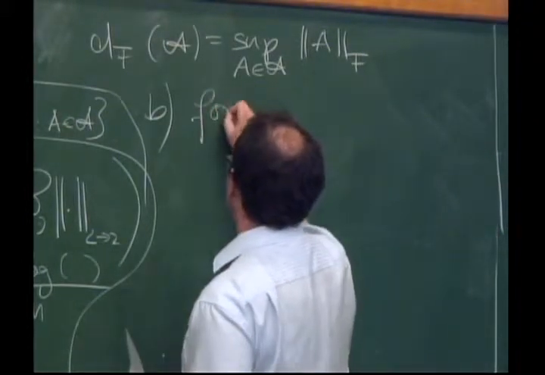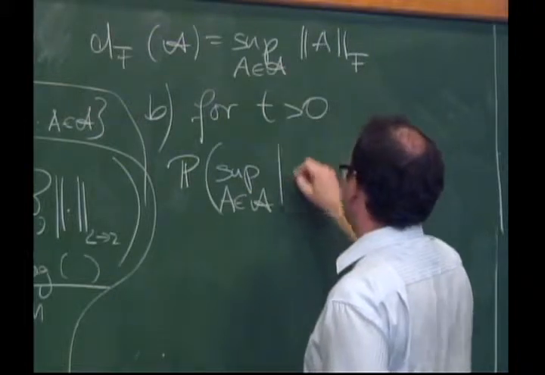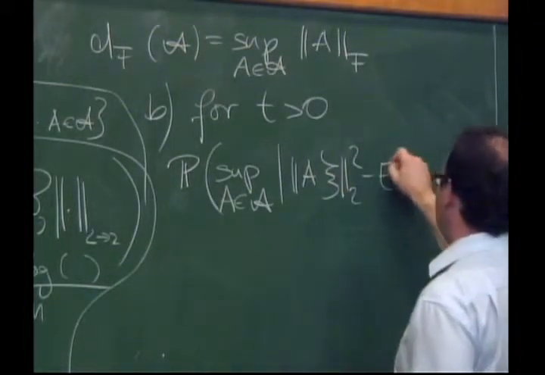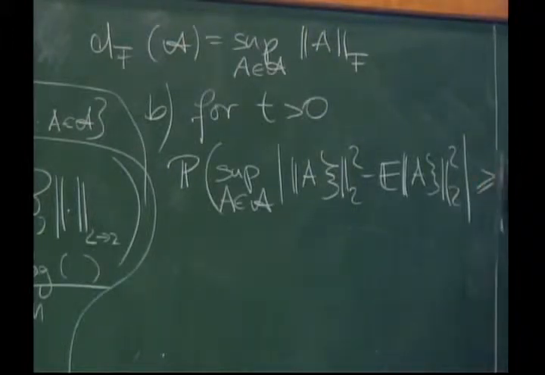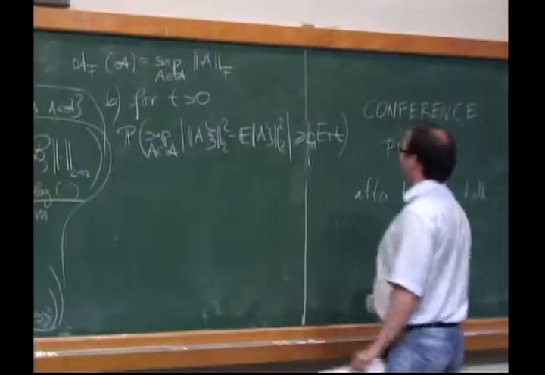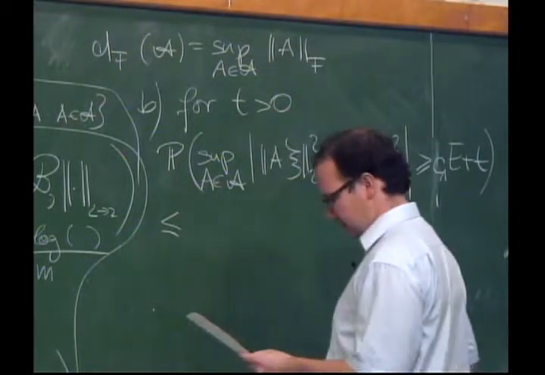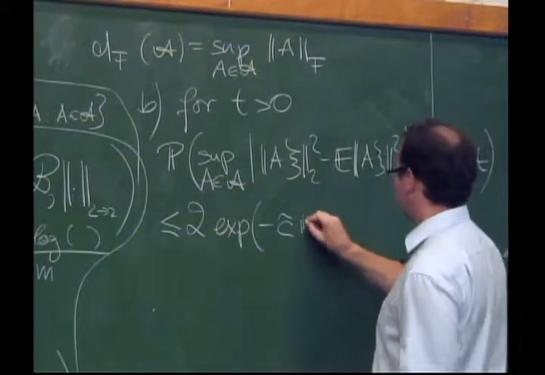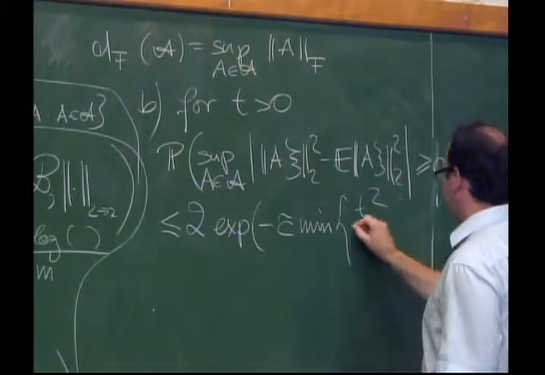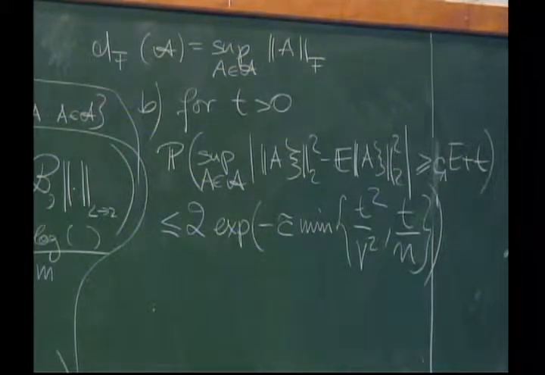For positive t, the probability that the supremum deviates from a constant times E plus t is bounded by 2 times the exponential of minus a constant C tilde times the minimum of t squared over V squared and t over U. So we get a mixture of a sub-Gaussian and sub-exponential tail, and the parameters are the following.